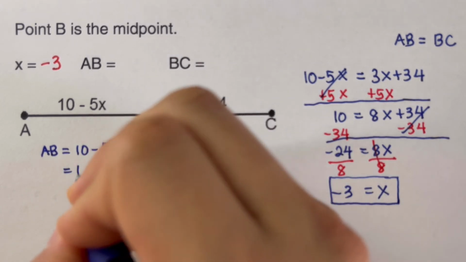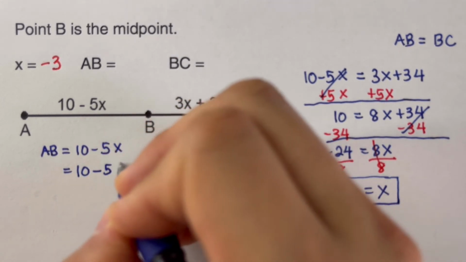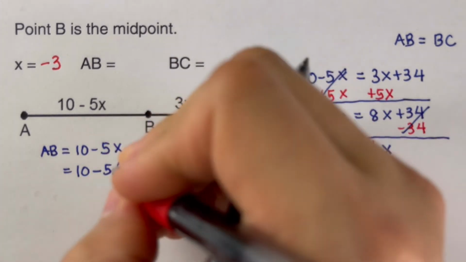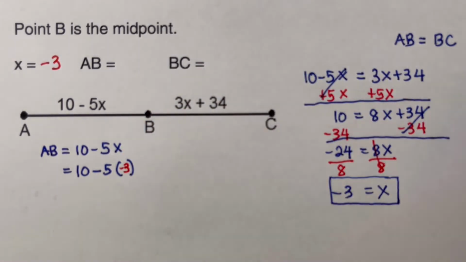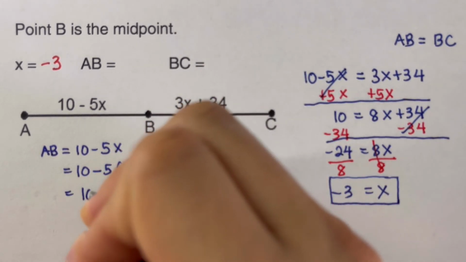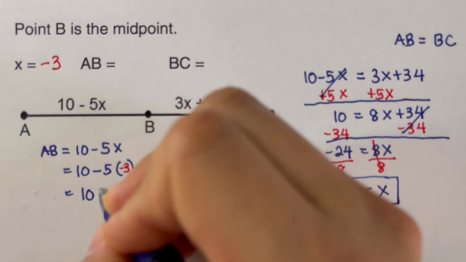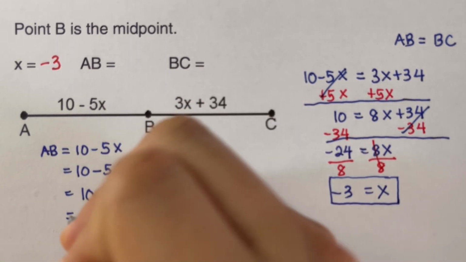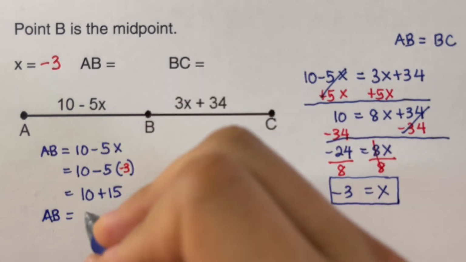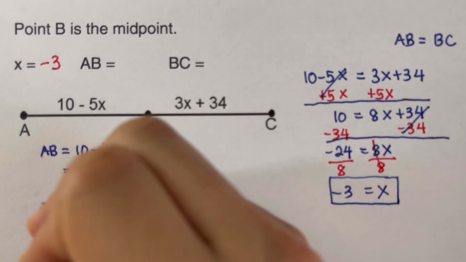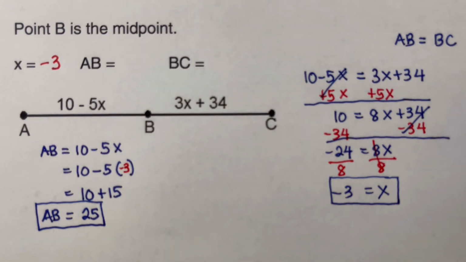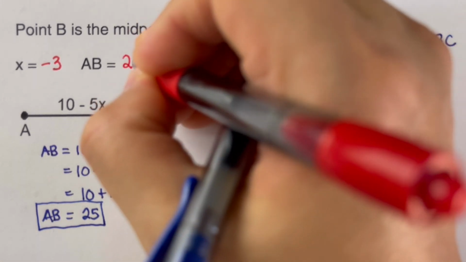Remember that the x that we've solved is -3, so I plug that in here. So this comes out to 10, minus 5 times -3, which is positive 15. So AB is equal to 25. This is the value for AB.